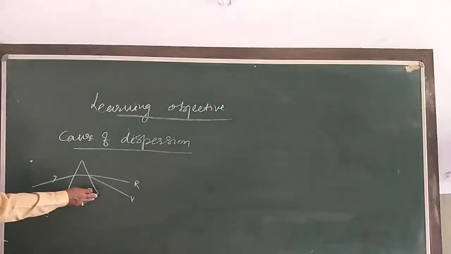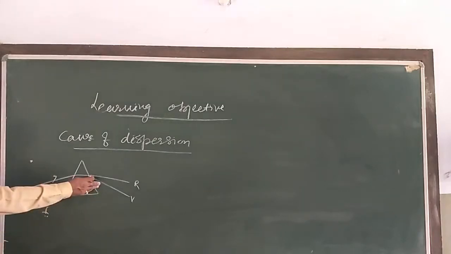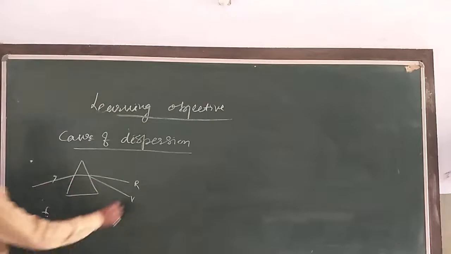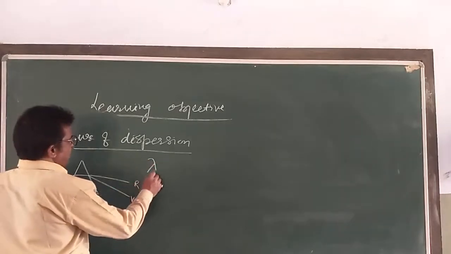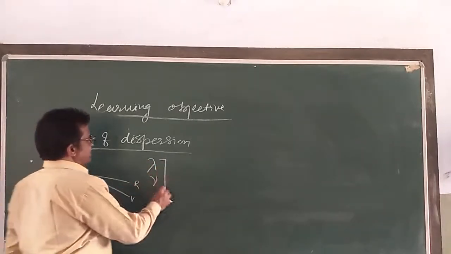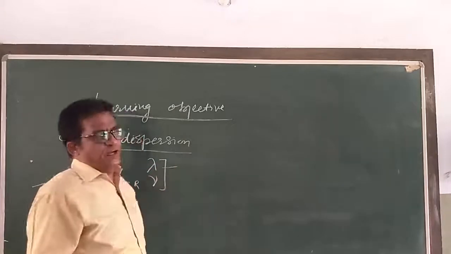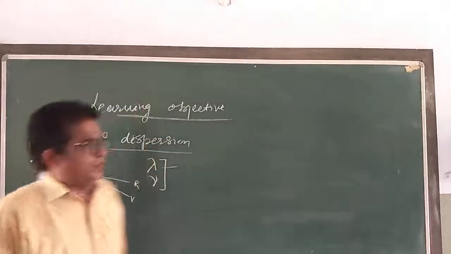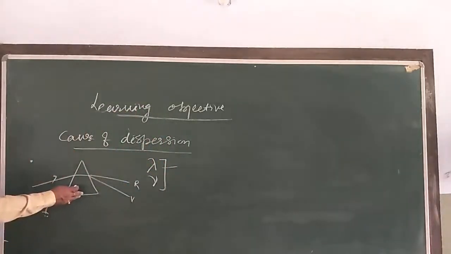This splitting into 7 different colors happens because different colors of light are characterized by their different wavelengths or different frequencies. Every color has its own different wavelength and frequency.